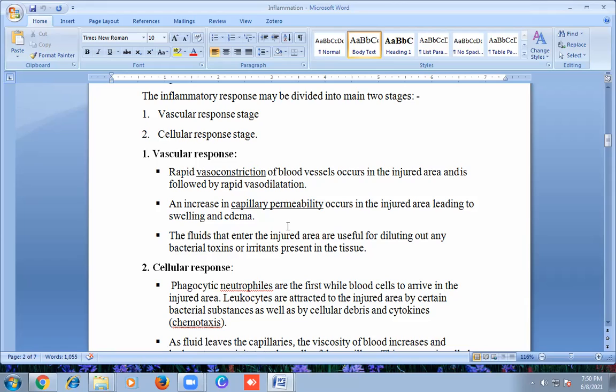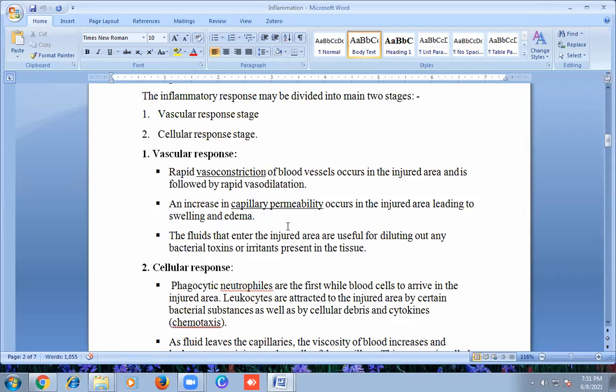So when the causative agent attacks, at that time there is a rapid vasoconstriction and immediately it is followed by rapid vasodilatation. So means what? There is a rapid rushing of the blood in that area.